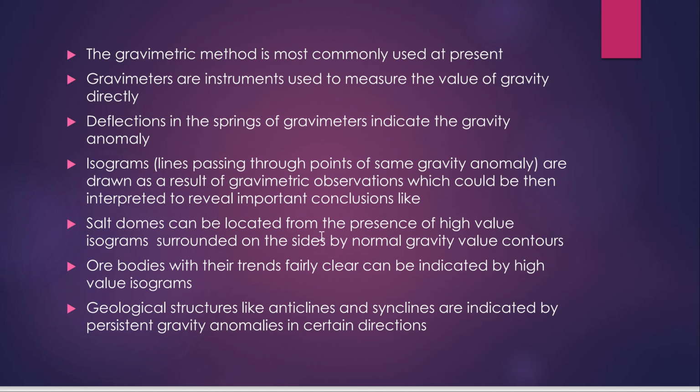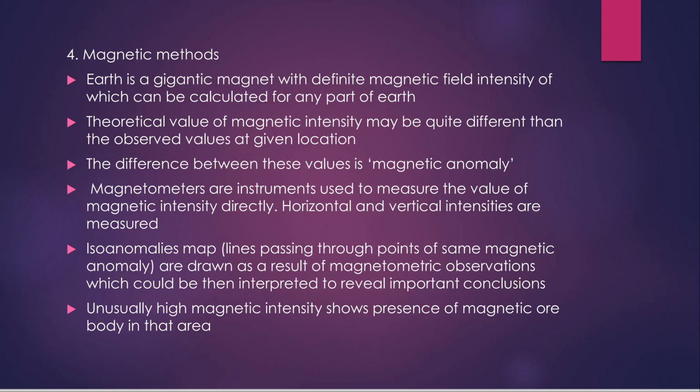The next method that comes under the category of indirect methods of subsurface investigation is the magnetic method. Earth is a gigantic magnet with a definite magnetic field intensity, which can be calculated for any part of the Earth.